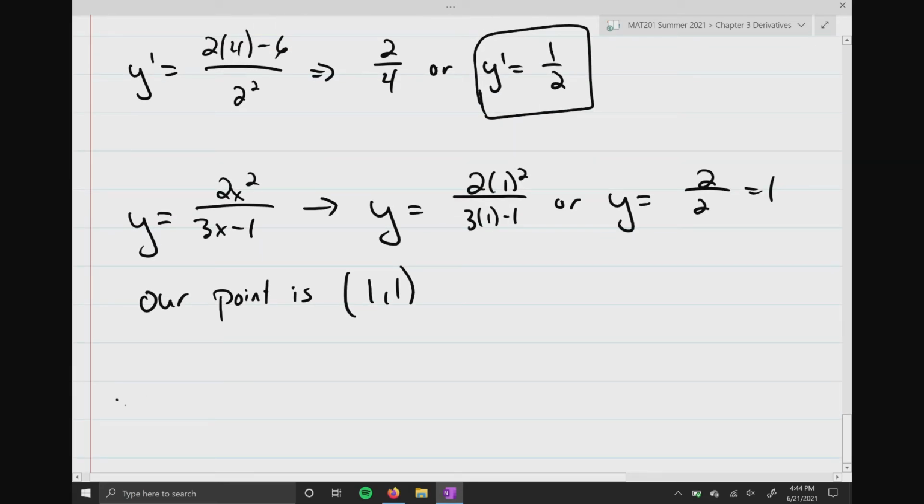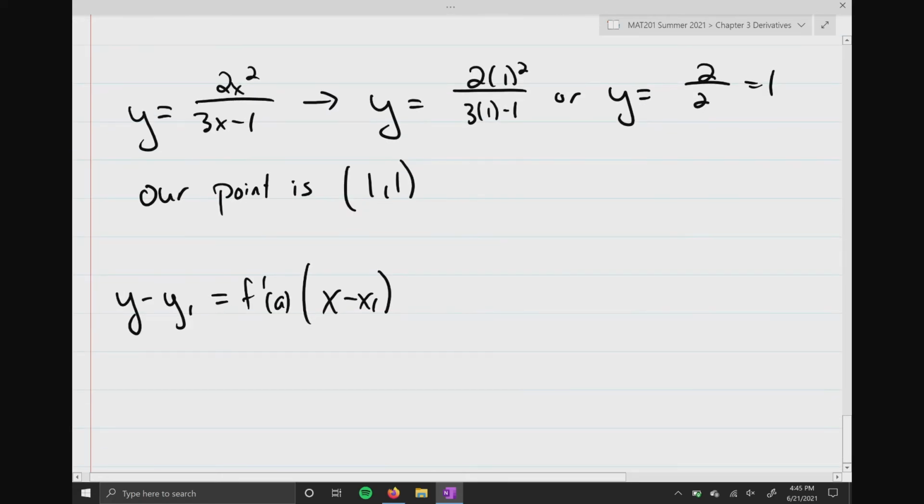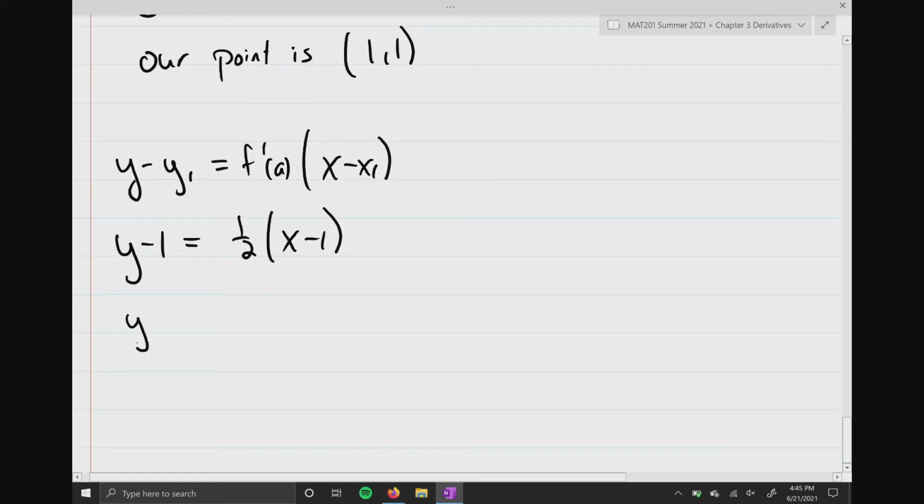And now that we have all that, I can go ahead and use the point slope form. And that's going to give me y minus y1, so that's going to be y minus 1 equals 1/2 times x minus 1. Y minus 1 equals 1/2 x minus 1/2. I add 1 to both sides.